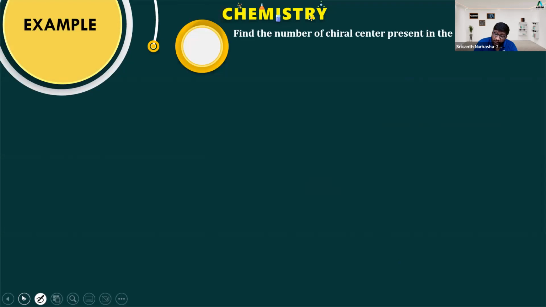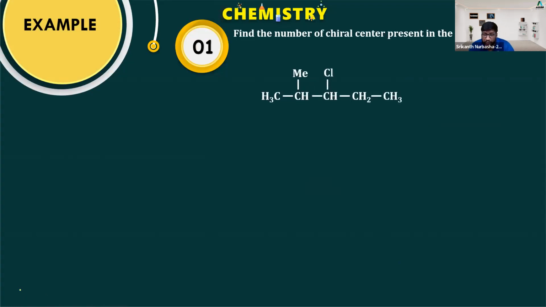Try to find the number of chiral atoms or chiral carbon centers present in this particular molecule. How many chiral carbons are there here? Look carefully, Me is also methyl only.